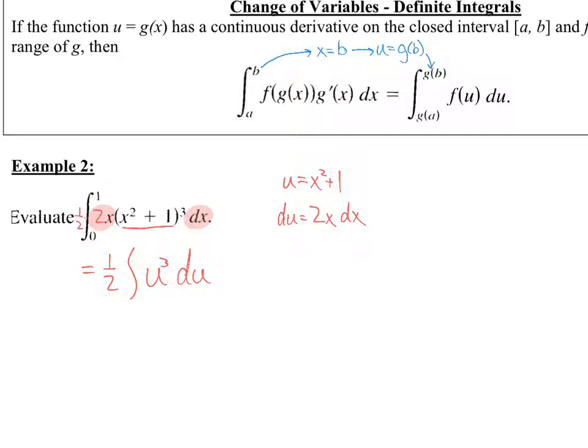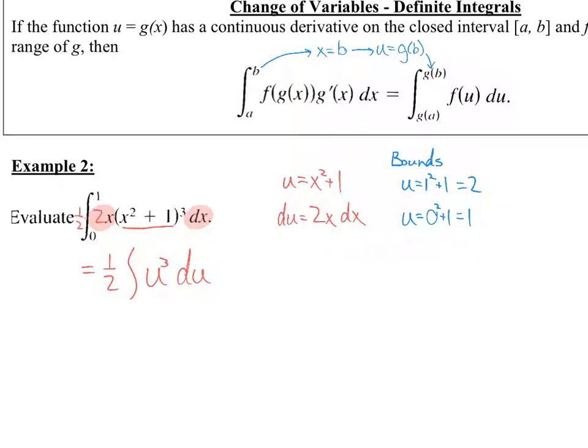So here's where the bounds come in. The bounds were originally from 0 to 1, so u has to equal 1 squared plus 1, and u has to equal 0 squared plus 1. That gives us new bounds.